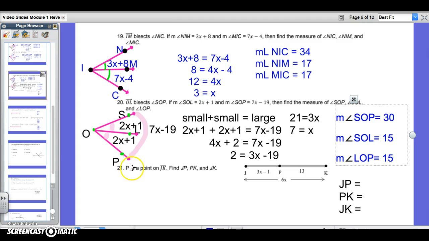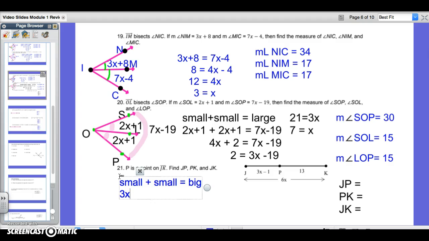Okay, 21. P is a point on JK. Find JP, PK, and JK. In this one they give us a diagram, which is really nice. We have a line segment, and we're going to do the segment addition postulate, where we do the small plus small equals big, or part plus part equals the whole.